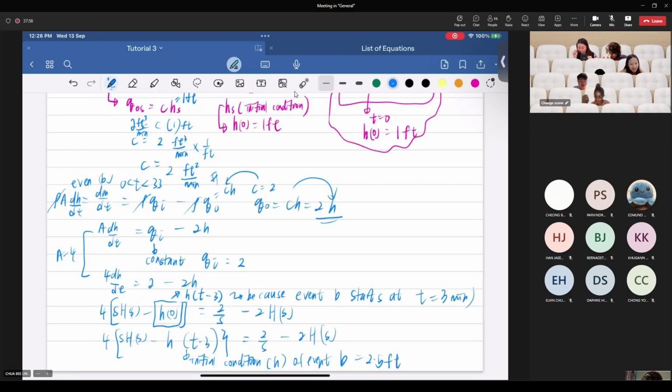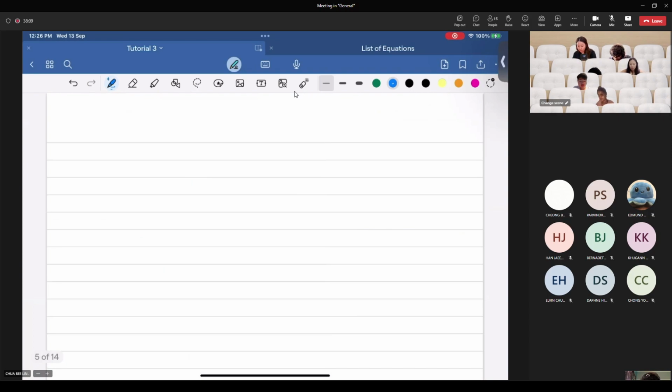Then you sub everything in. You'll be getting the HS. You move to the left hand side. Okay, so we continue. So you'll be having 4shs. Just now the last line I copy again. Plus 2hs.